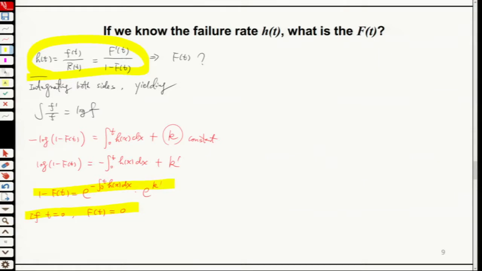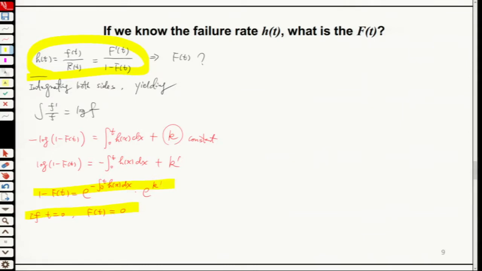If we make t equals 0, the integral becomes 0, and exponential of 0 is 1. So this is 1 equals 1.